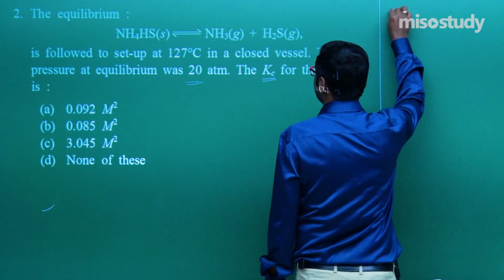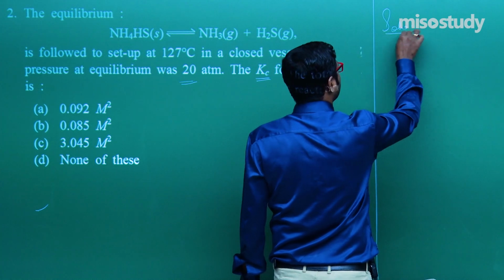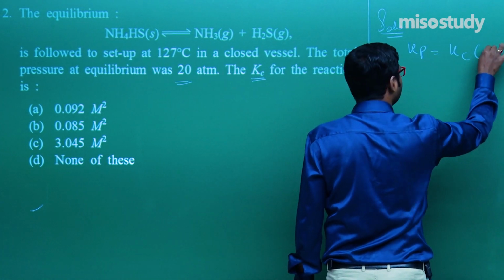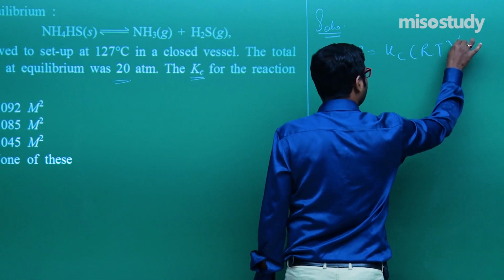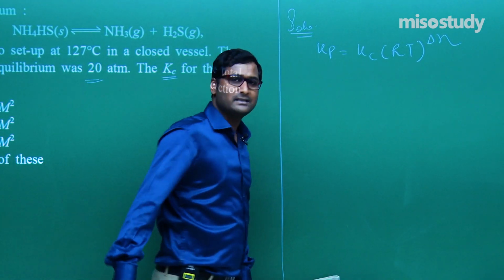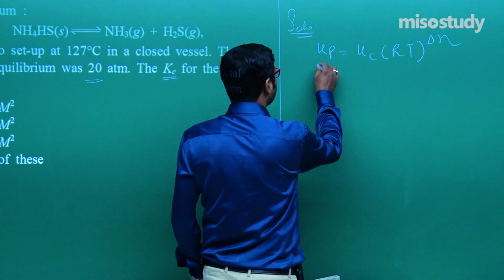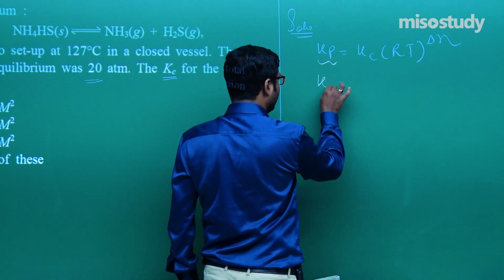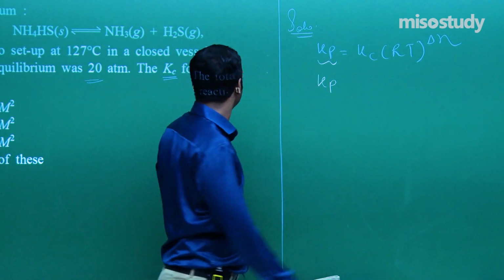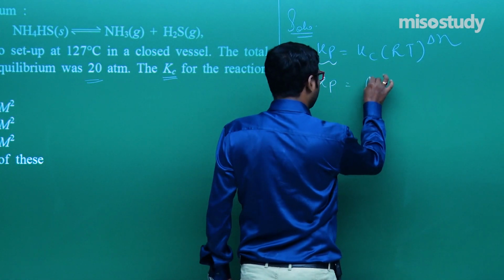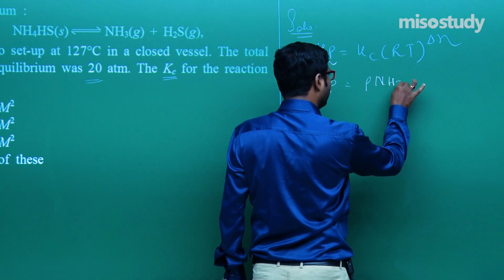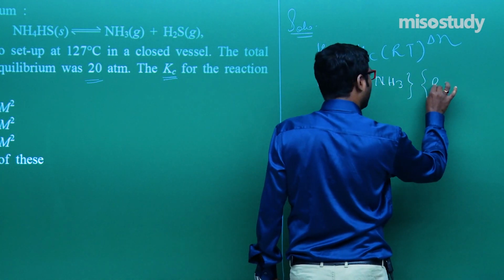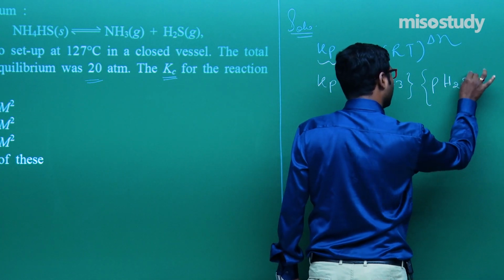As we know, first of all we have to make the relation Kp is equal to Kc (RT) to the power delta n. This is the relation. First of all, we have to find the value of Kp. Kp is equal to the partial pressure of NH3 times the partial pressure of H2S.